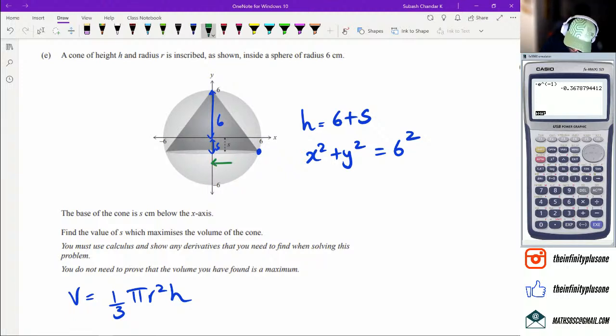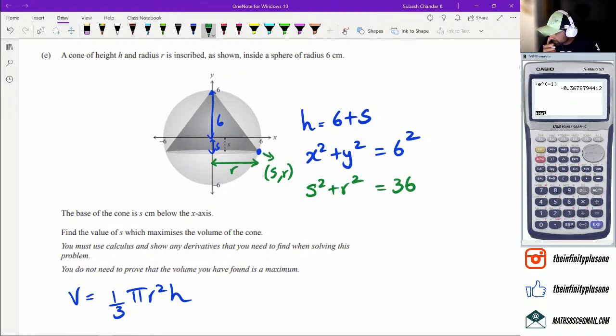Because if you think about it, this distance from here to here is the radius of the cone. And if that's the radius, then this point right here could be set as S and R. Right? So in other words, I'm replacing X and Y with S and R. So I'm going to write this as S squared plus R squared equals 36.